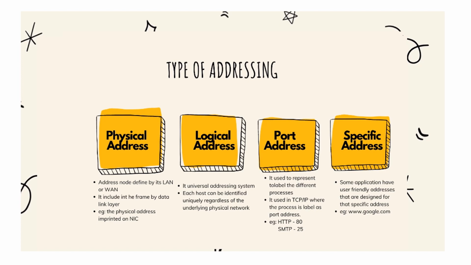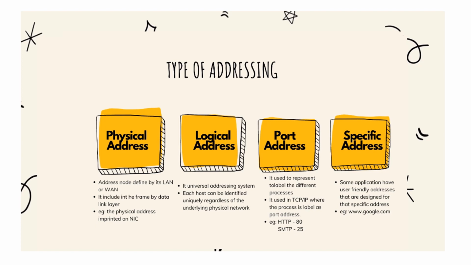Among them is the physical address. The physical address is the address of the node, defined by the type of your network. Previously you learned in chapter 1 that the types of network are LAN, MAN and WAN, and these are determined by the physical address. Where is the physical address located?